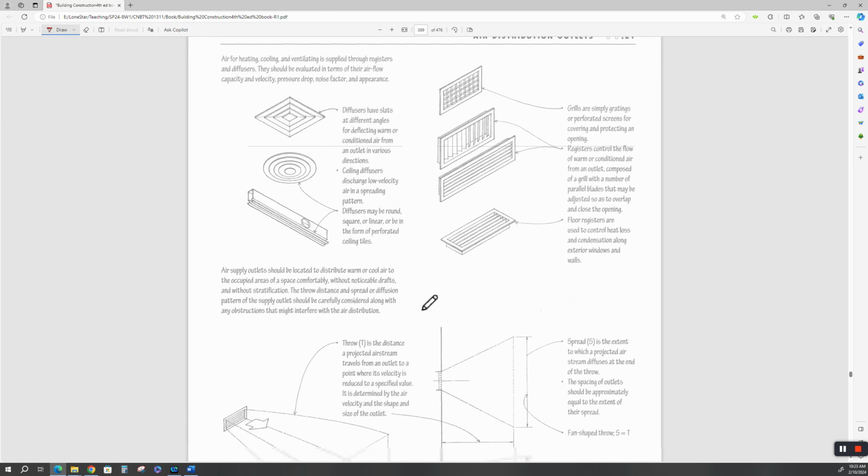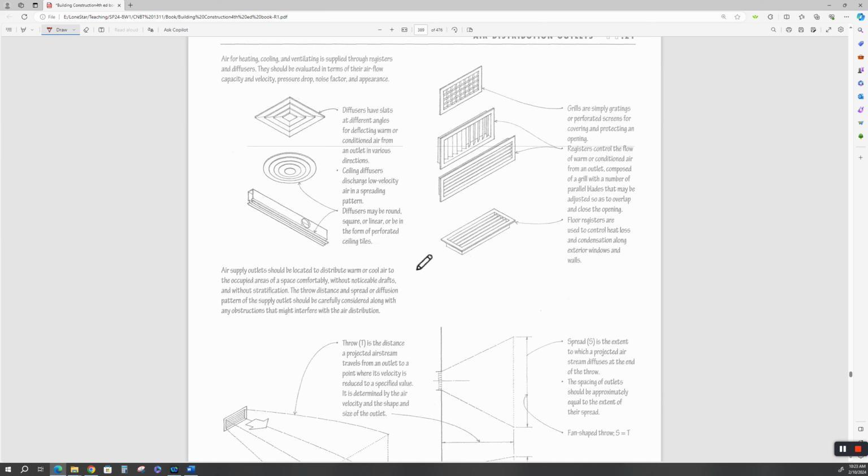You got the idea that there's a lot of real estate to cover. You go to work for a large architectural firm, or as a designer in a mechanical firm, you may be spending a lot of time just on selecting diffusers.